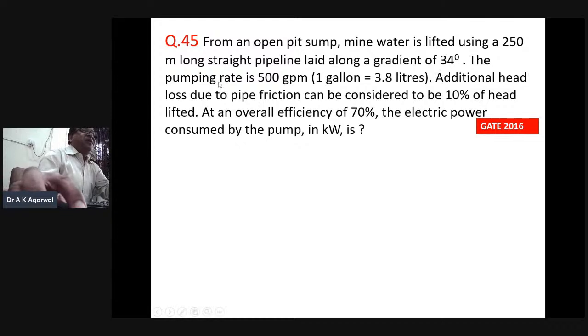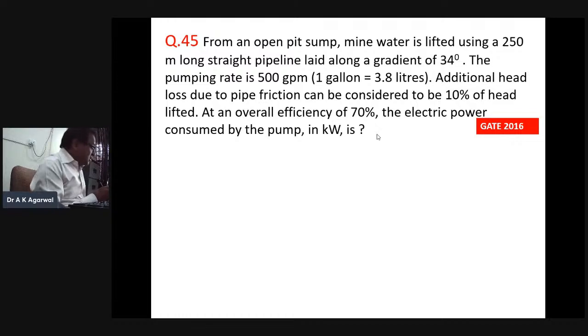The pumping rate is 500 gallon per minute and 1 gallon is 3.8 liter. Additional head loss due to pipe friction can be considered to be 10% of the head lifted. If the overall efficiency is 70%, the electric power consumed by the pump in kilowatt is. Again, same problem. Only thing, here the pipeline is inclined.